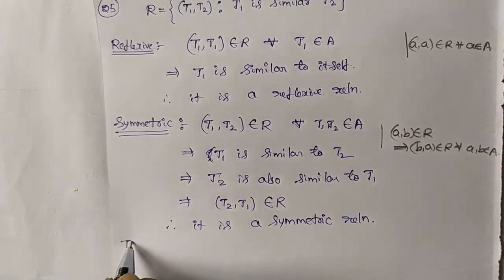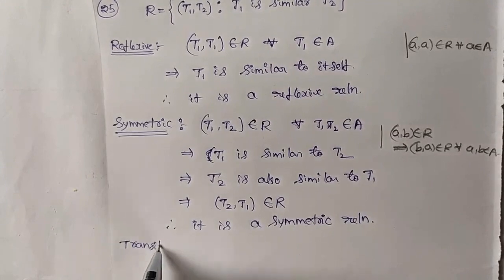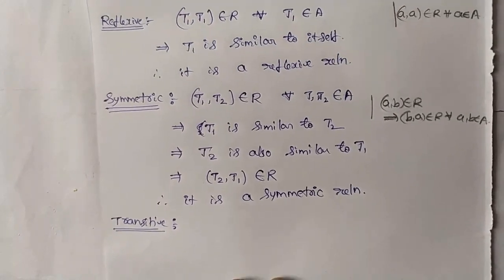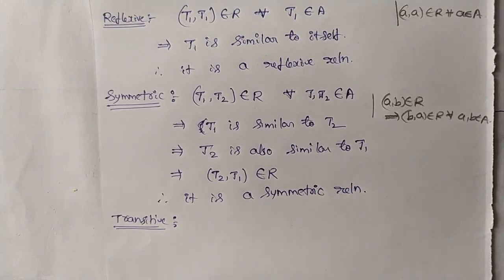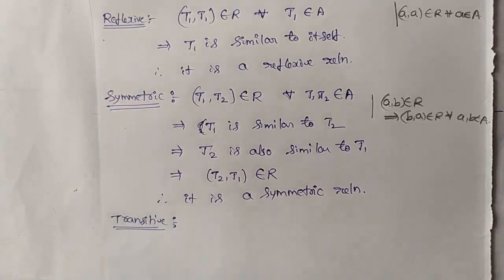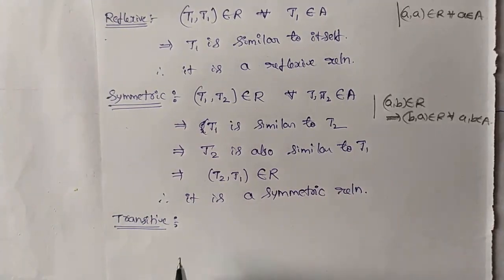Next, transitive. If a relation is to be an equivalence relation, it must be reflexive, symmetric, and transitive.